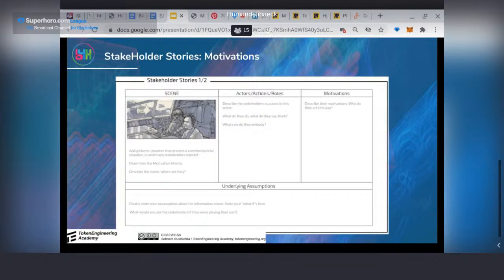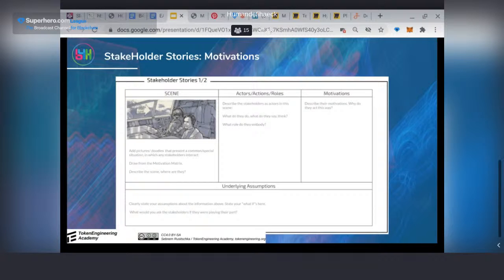You need to add some specifications about how your scene can be. You can have more than one story per stakeholder. Don't worry, this could be very, very complex, especially if you want to do every single stakeholder with every single relation with every single story. You could end up with tons of information.